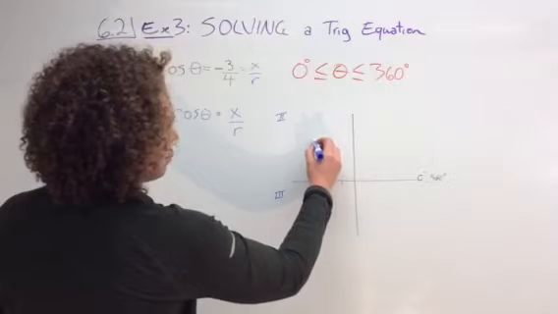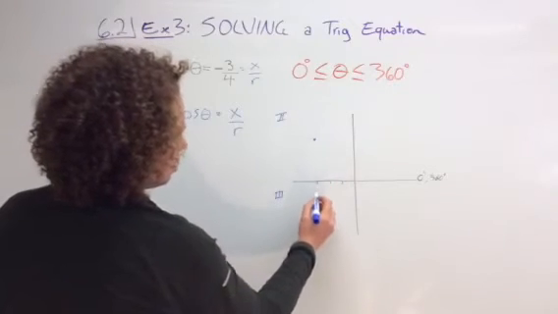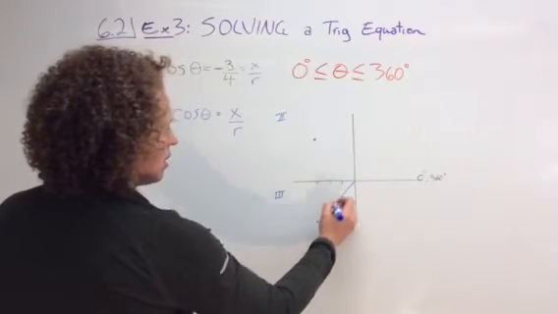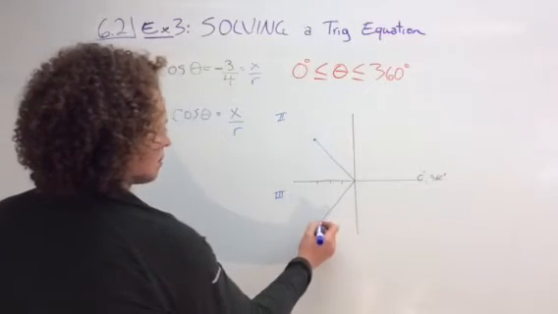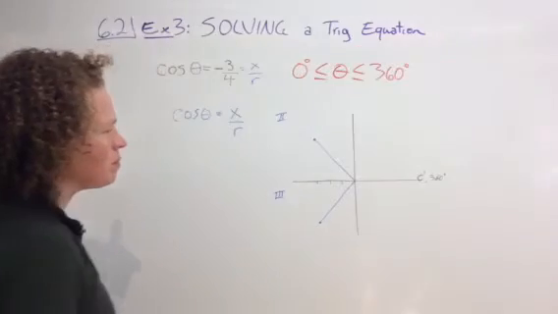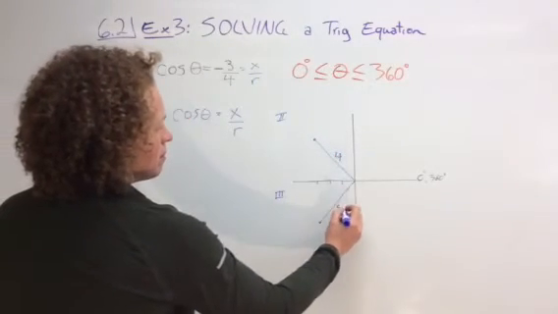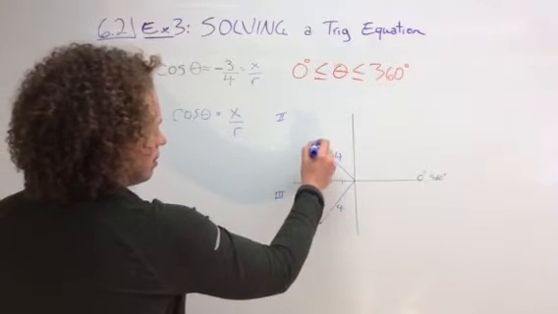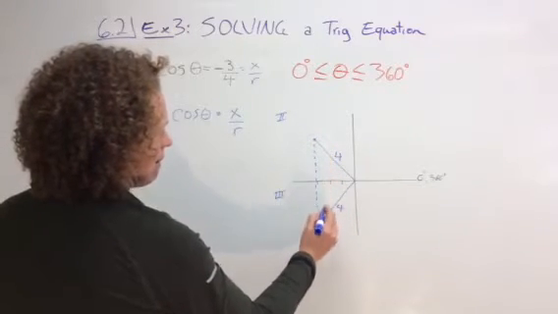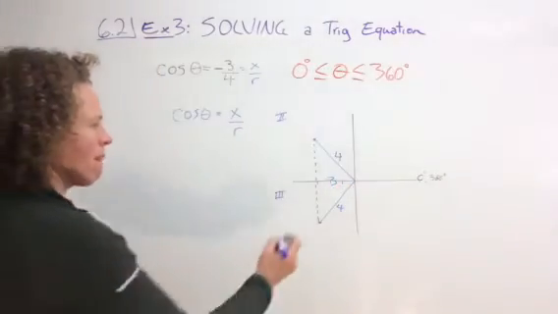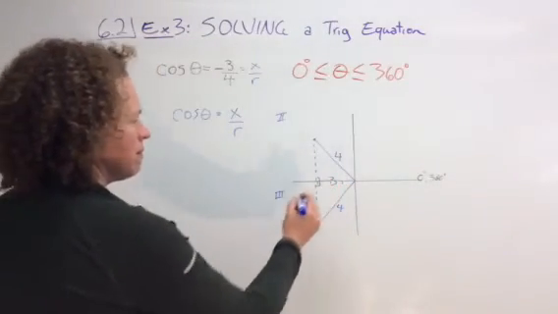So it's either going to be somewhere around here-ish or somewhere around here-ish. So we can draw those little terminal arms out. Good enough. We know that this is 4. And we know that this is 3. Could be this one, could be this one.